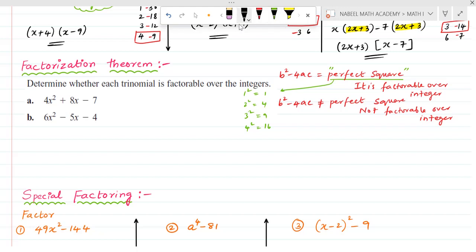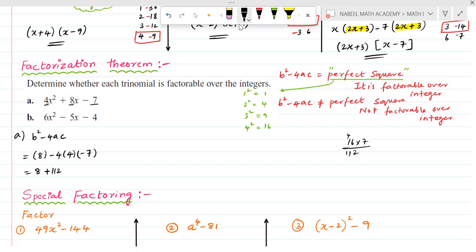Let us solve the first problem here. So here this is a, this is b, this is c. So I got the values. So b square minus 4ac. I just substitute. b is 8, minus 4 times a, which is 4, times minus 7. So the value will be 8 square, minus of minus becomes plus, 16 into 7. So 16 into 7. So therefore you will get here 240, then here 11.